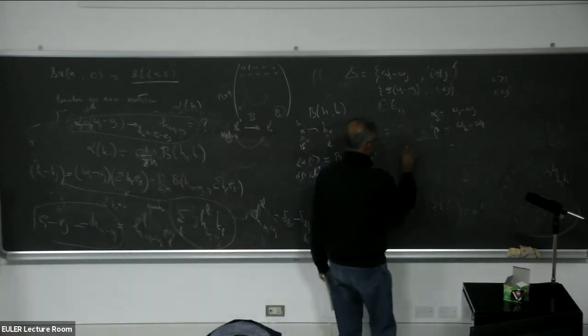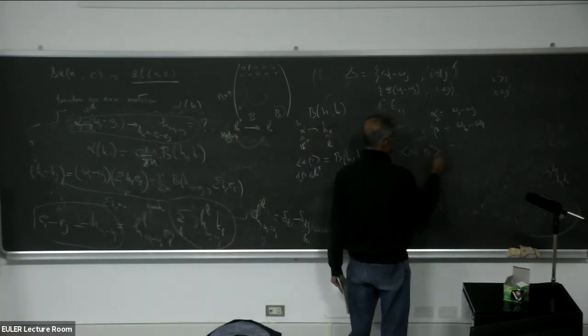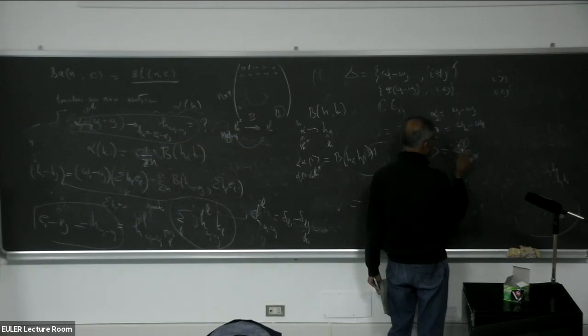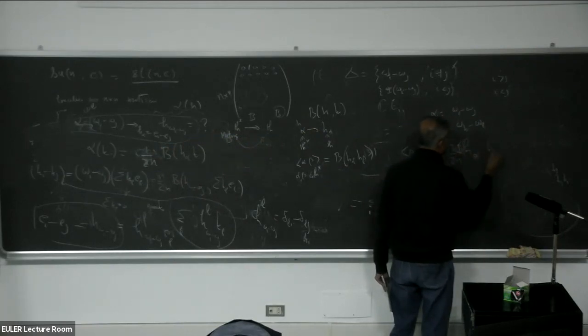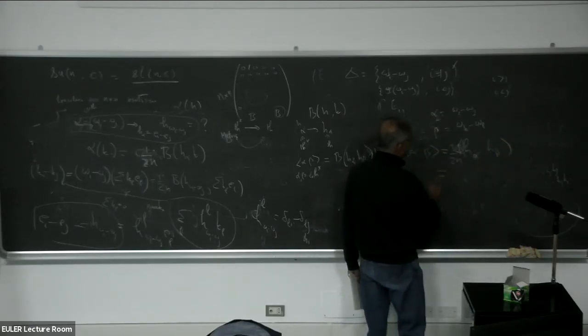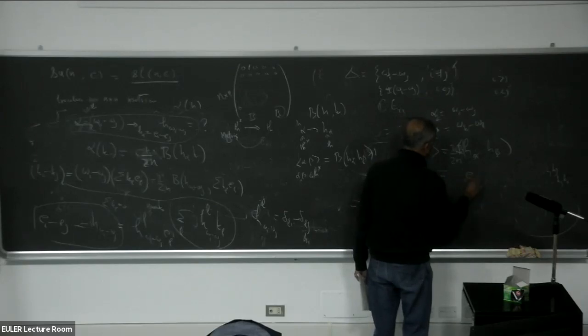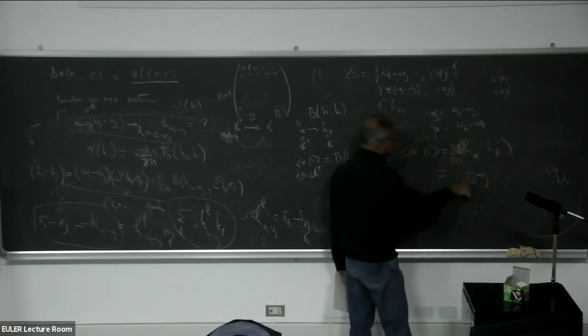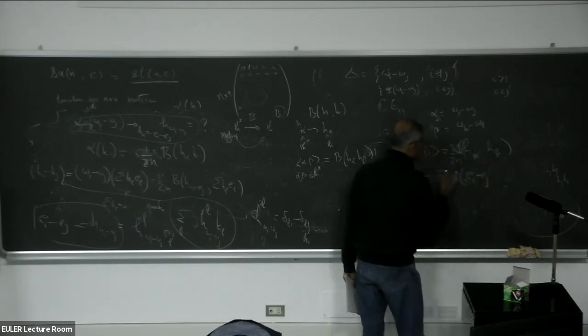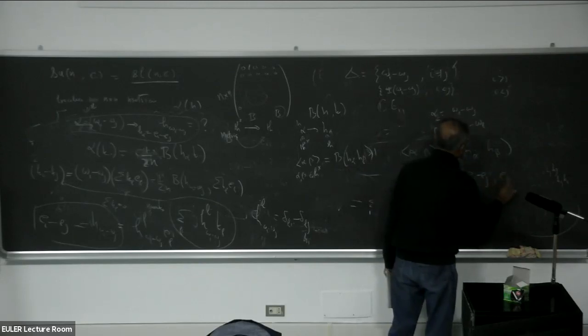So I can define alpha dot beta as simply, again with a 1 over 2n factor for convenience, B of H_alpha, H_beta. But that's the same as H_alpha is E_I minus E_J, so this is mapped to E_I minus E_J, and this is E_K minus E_L.